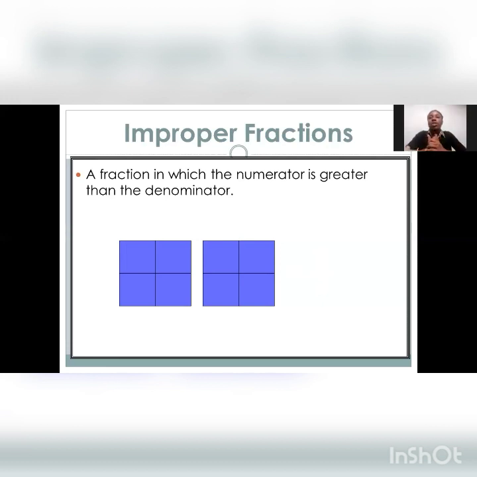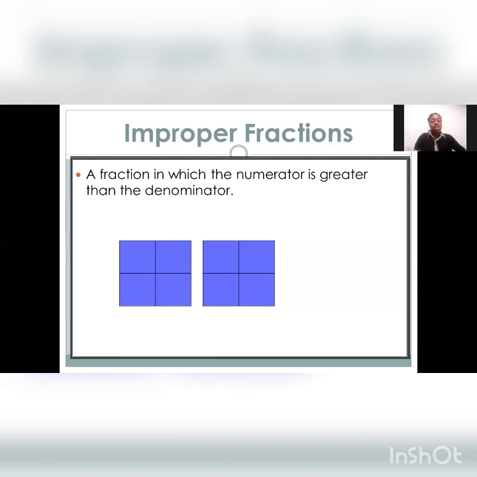I want you to count the shapes and write your answer. Remember, the numerator is greater than the denominator, and the denominator shows how many equal parts are in each shape. And the numerator shows the number of shaded parts in all of the shapes.